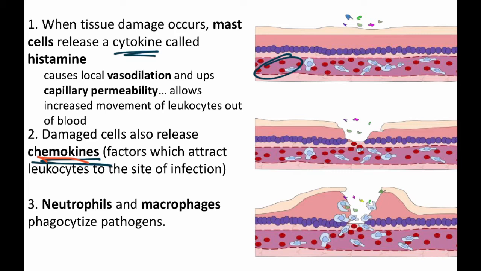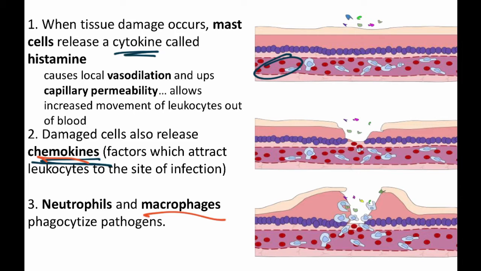The difference is essentially that chemokines are used by white blood cells to find the source of the infection. So it's a longer distance signaling. And then finally, you have neutrophils and monocytes that have differentiated into macrophages, phagocytosing the pathogens.